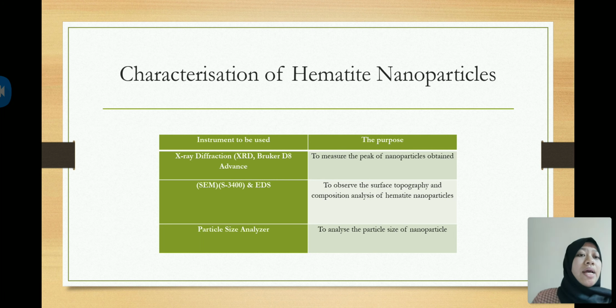The EDS will show the composition analysis of hematite nanoparticles. SEM will show the surface topography and morphology of the nanoparticles obtained, while the particle size analyzer will analyze the particle size of the nanoparticles obtained.